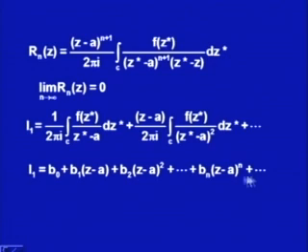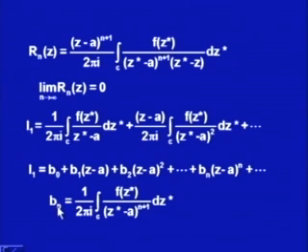So, this is an infinite series, Rn(z) tending to 0. Here the general term bn can be given by the formula 1 upon 2 pi i integral over the curve C of f(z star) divided by (z star minus a) raised to power n plus 1 dz star. Here I am writing the contour integral over C because I am replacing C1 by C. The explanation is given earlier.